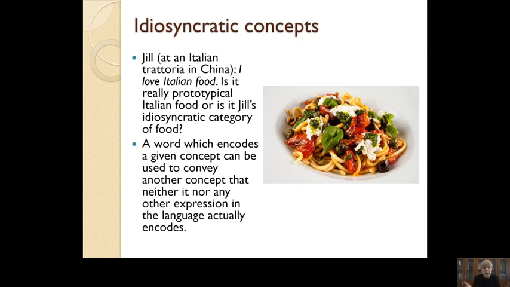Mind you, this trattoria is located in China. The chef might be Chinese. He has never been to Italy, so he obviously has some idea of what Italian cuisine might be, but this is his own idea, okay? So very idiosyncratic, and the same is true about Jill's idea of Italian food.